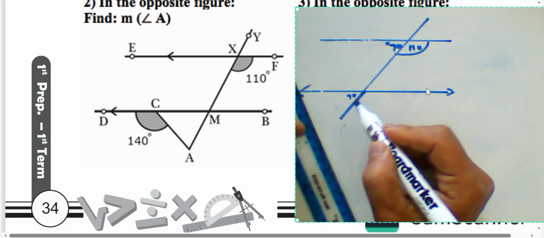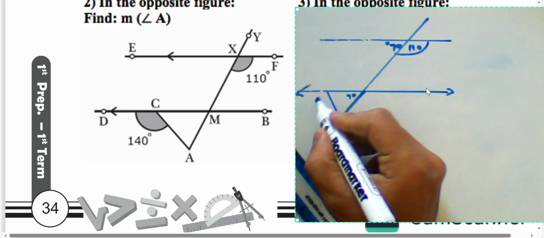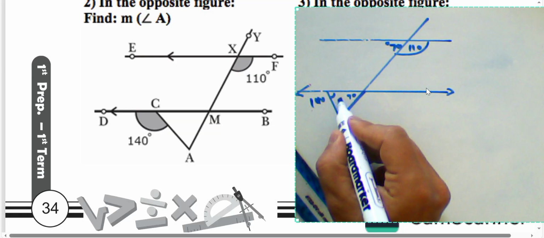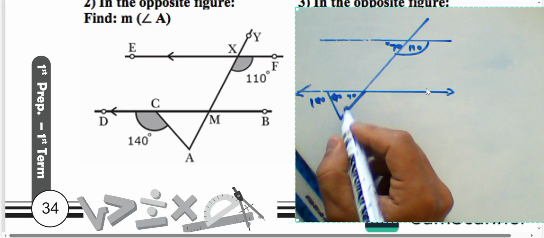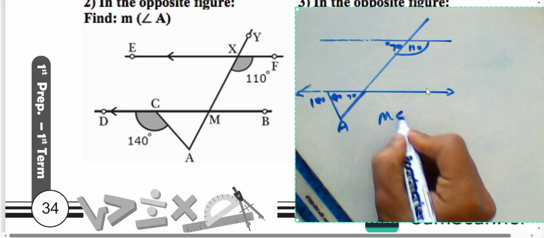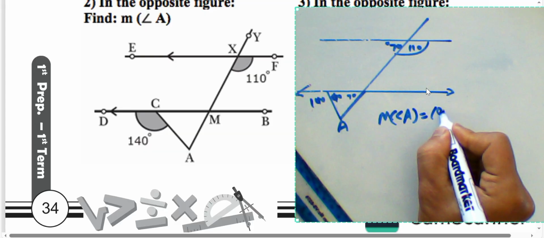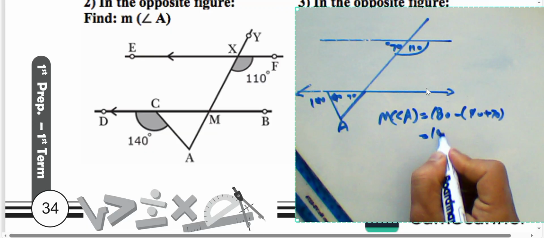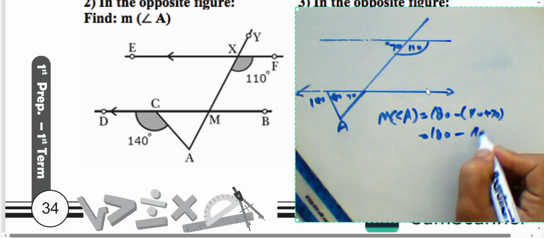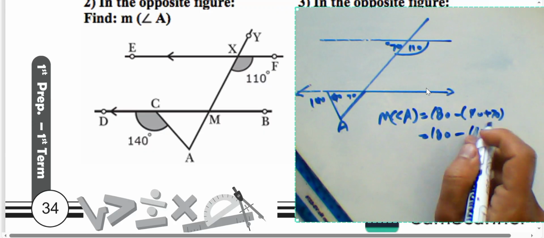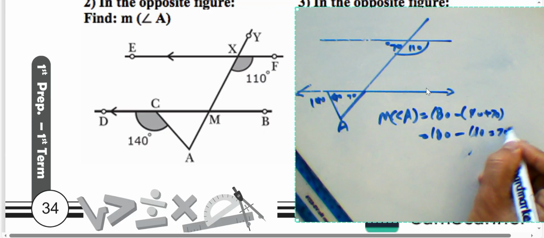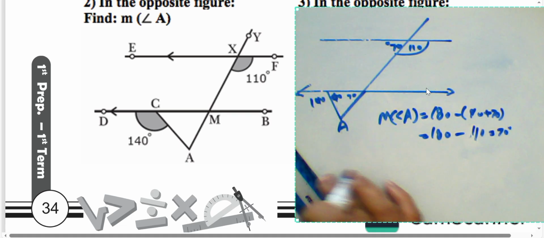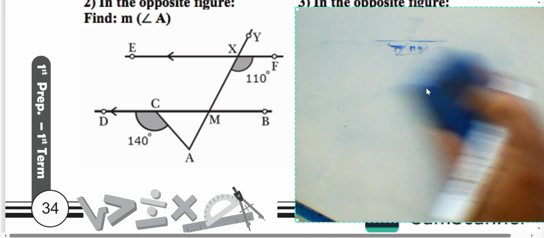And then we also have the angle outside, 140, and the supplementary angle of 140 equals 40 degrees. This angle is 40. Then we can find the measure of angle A equals 180 subtract 40 plus 70, which is 180 subtract 110. The answer will be 70 degrees.